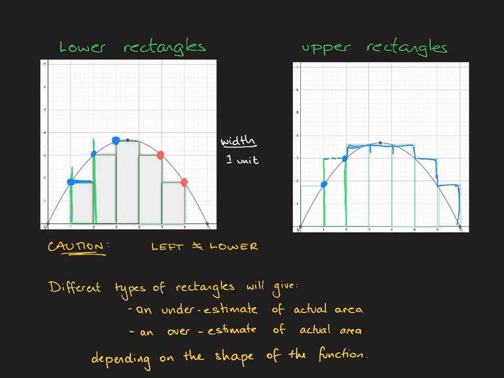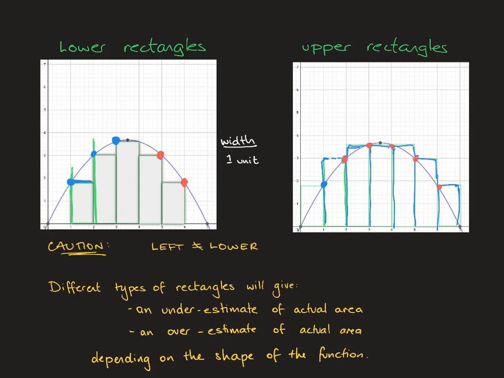And again, some of these rectangles will be taller than the curve. Actually, they're all taller than the curve, but some of them will be left-hand side and some of them will be right-hand side, depending on the curvature of the curve.